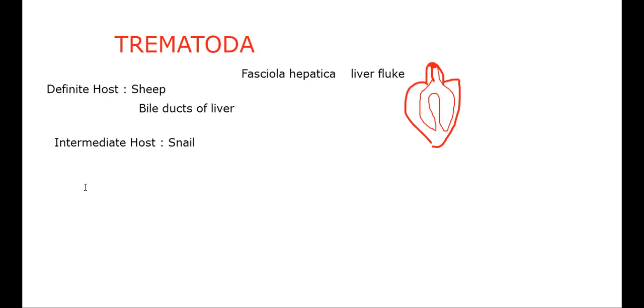When the Fasciola hepatica lays eggs, the eggs turn into a larval form called miracidium. These miracidium larvae are released in the water through the fecal matter of the sheep, and they become another larval form called sporocyst.